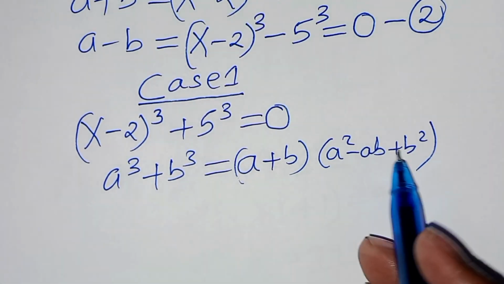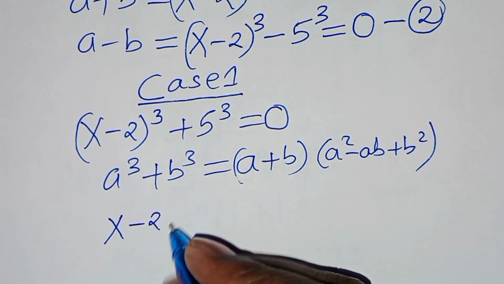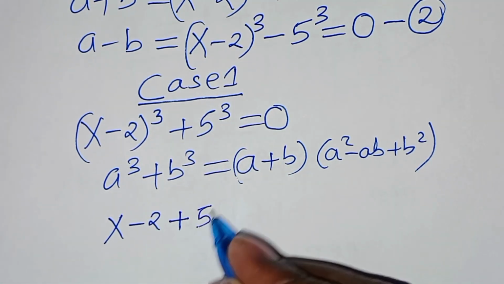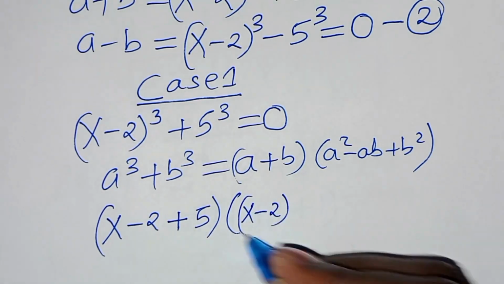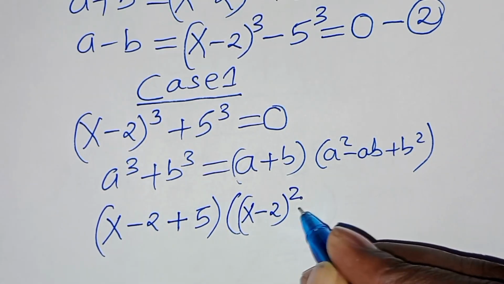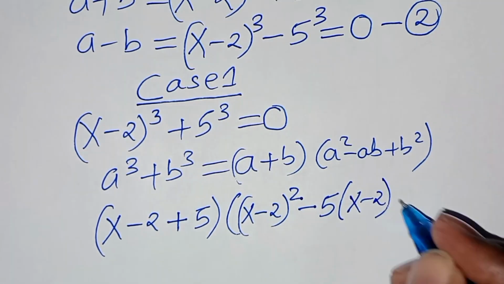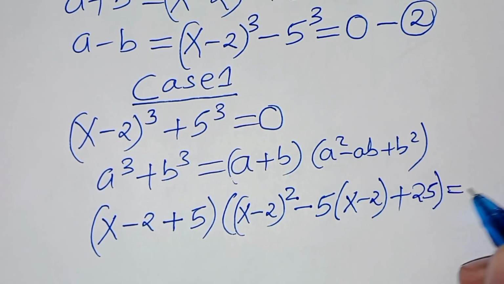So applying this property, here we'll have (x − 2 + 5), and here we'll have (x − 2)^2 − 5(x − 2) + 5^2, which is 25, and this is equal to 0.